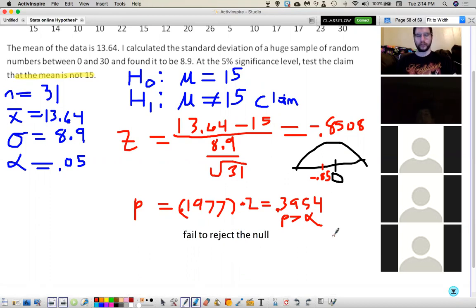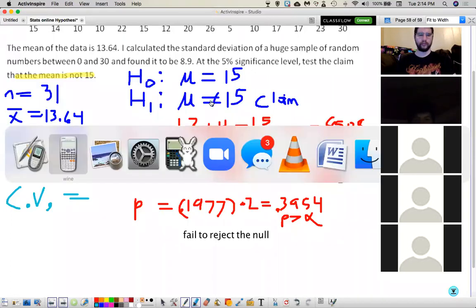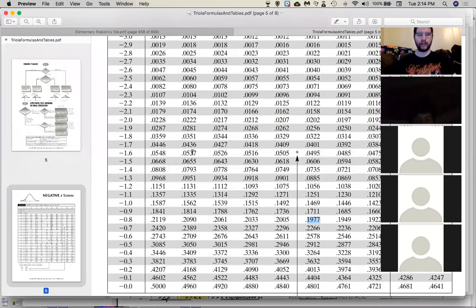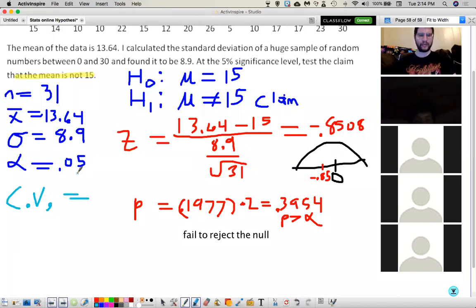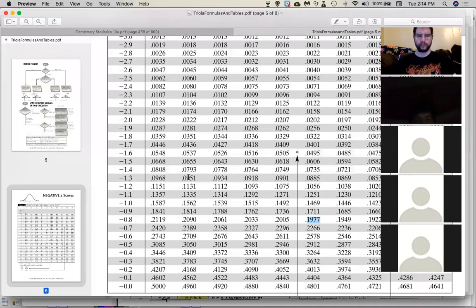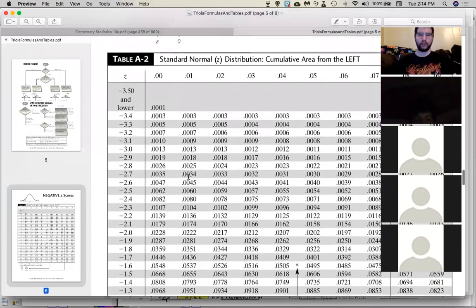And of course, you can also use the traditional method. We're going to find our critical values. So let's see, critical values. To do that, we look at our tail, two-tail. Cut alpha in half. So I'm not going to look up 0.05, I'm going to look up half of that, 0.025. Did that earlier, it's 1.96.